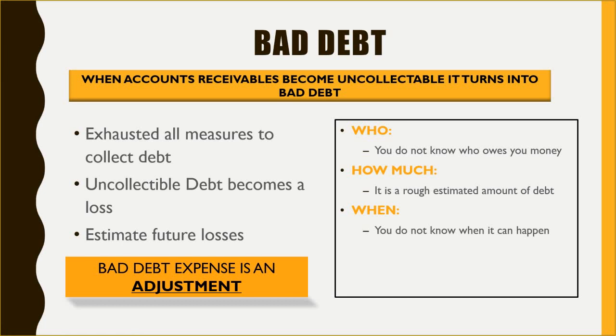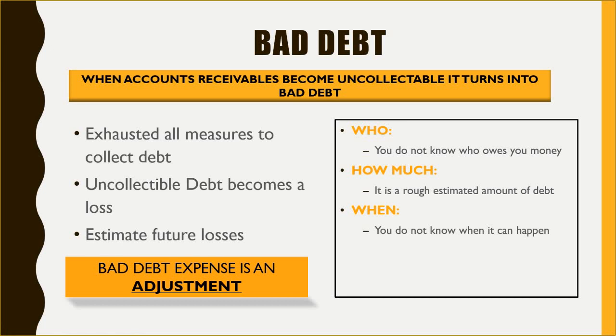But we have to also remember, the government allows us to write off at least 5% of bad debt as a loss. Okay. So because this is an estimated number, we can't really predict who is going to not pay and who can't pay.